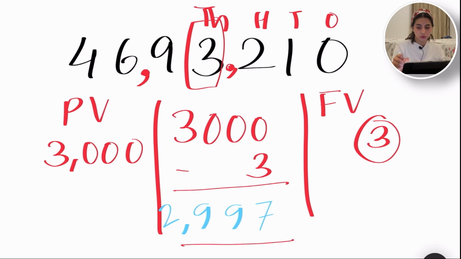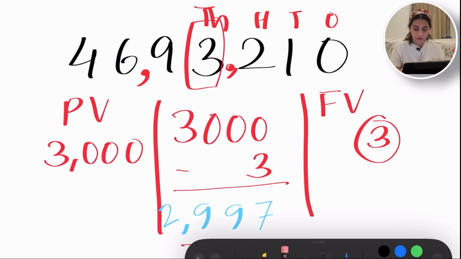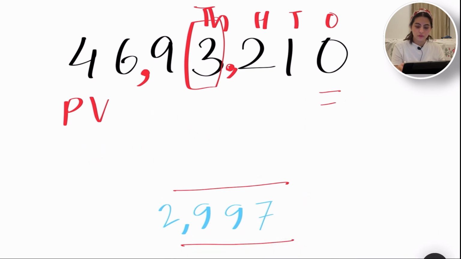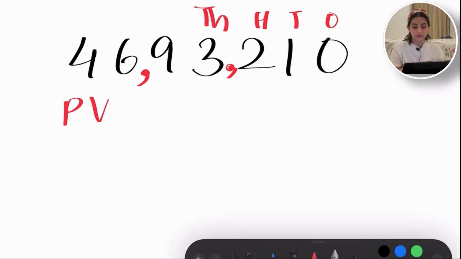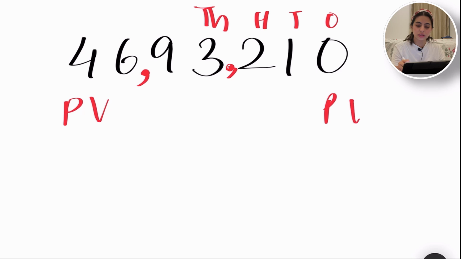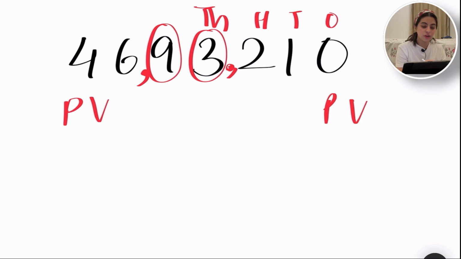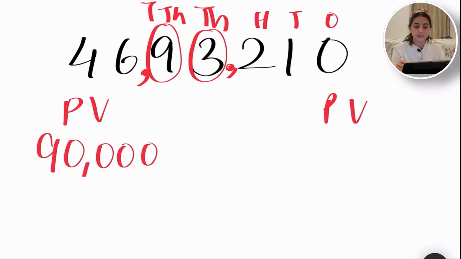Or the question could also be, let me get rid of this first, find the difference between the place value of these two numbers. They will give you the two numbers, so on both sides you have to find the place value. So place value of 9 and place value of 3. Place value of 9 would be 10,000, that is 90,000, and place value of 3 would be 3000.